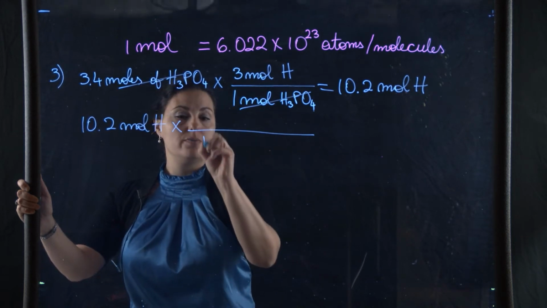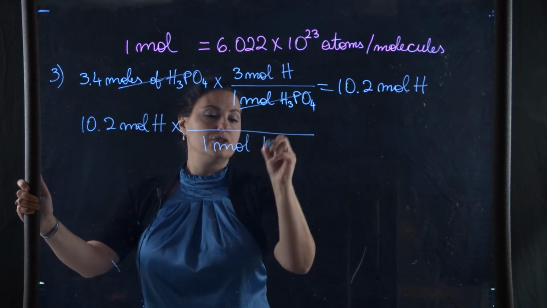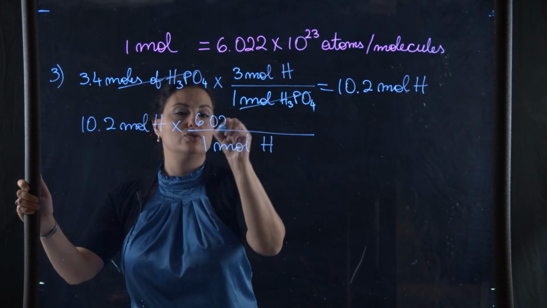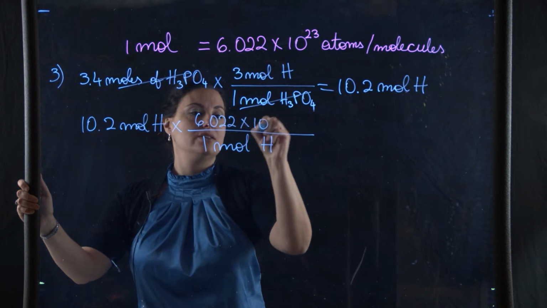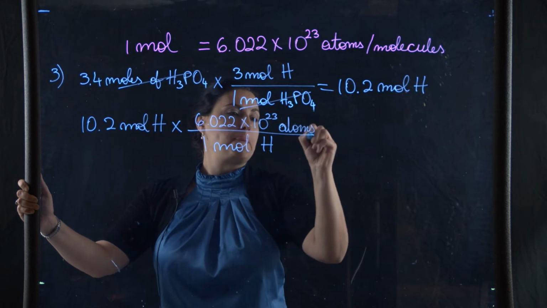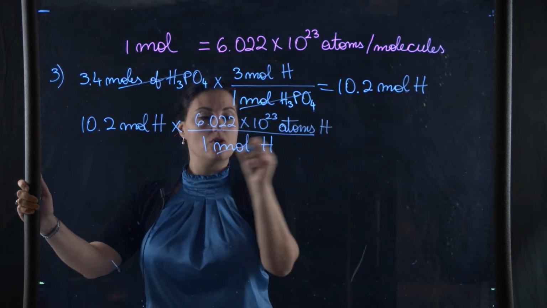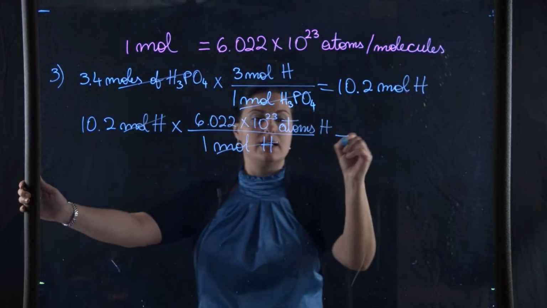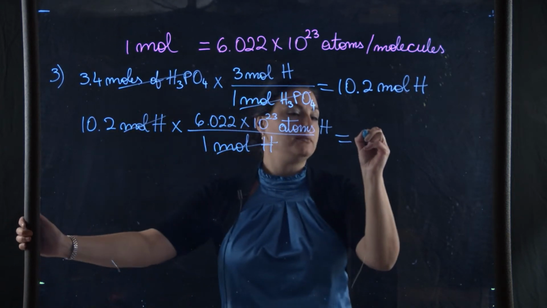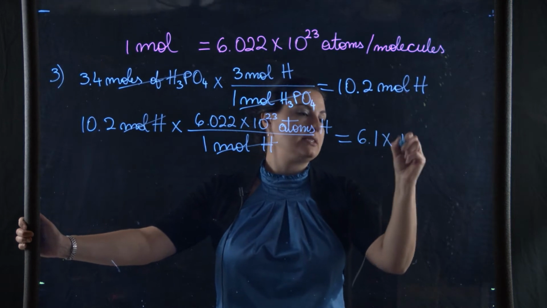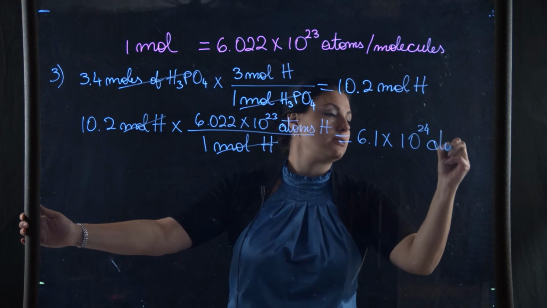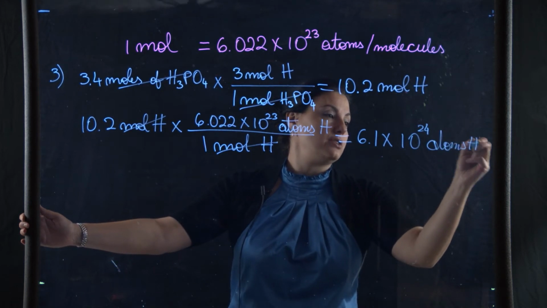So 1 mole of hydrogen has 6.022 times 10 to the 23rd atoms of hydrogen. My moles of hydrogen will cancel, and if I multiply that, I should get 6.1 times 10 to the 24th atoms of hydrogen.